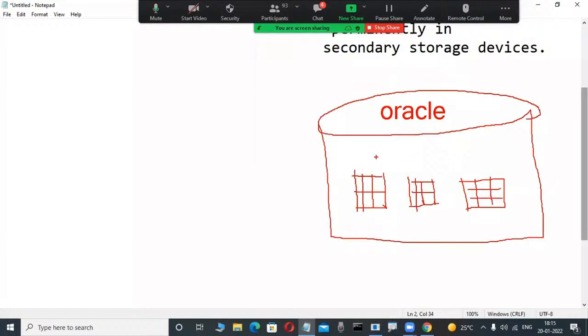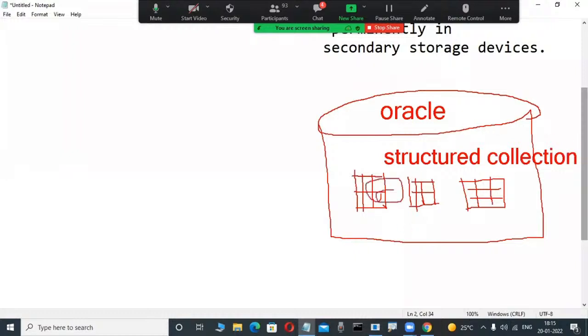Once a structured collection of data is there, all relational databases store a structured collection of data, not non-structured. Non-structured data means other databases. Oracle is one of the popular relational databases.